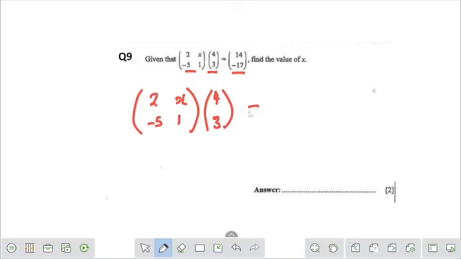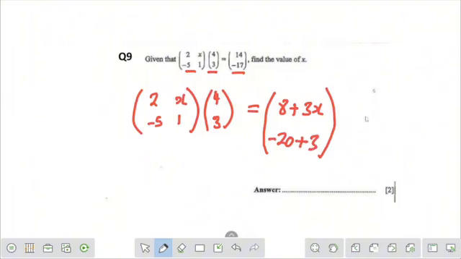So the product, row by column: 2 times 4 gives us 8, plus x times 3 gives us 3x. We are done there on top. Then negative 5 times 4 gives us negative 20, plus 1 times 3 gives us 3.